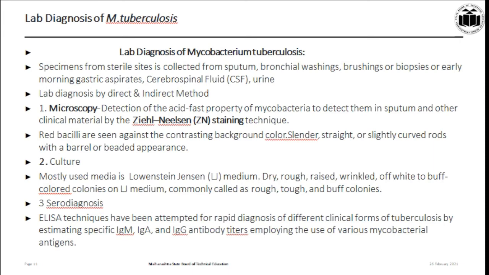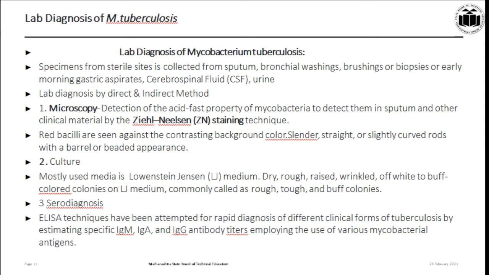So when you bring this, you can directly observe the microorganism by the microscopic method. You have to stain the bacteria sample by Ziehl-Neelsen's stain technique, where red bacilli are seen, cylindrical, straight or curved rods with a beaded appearance.